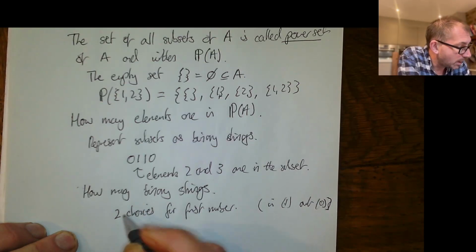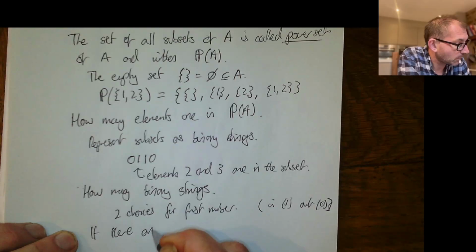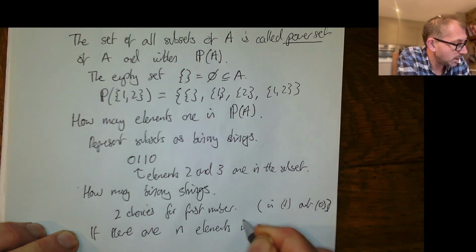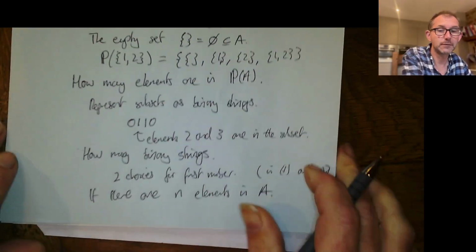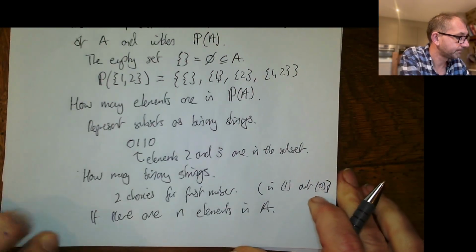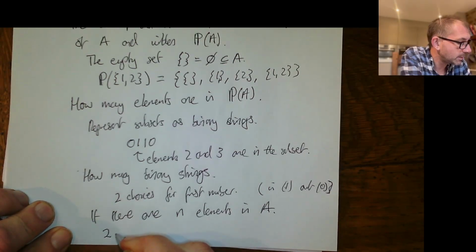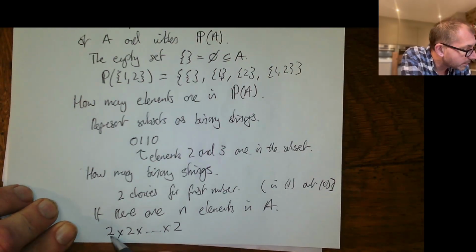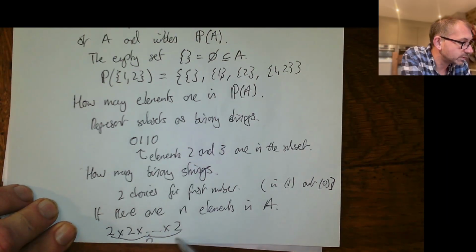So if there are n elements in A, then I'm going to get strings that are of length n, and I've got 2 choices for the first one, I've got 2 choices for the second, and I go all the way up to 2 choices for the nth one, and there are going to be n of these choices.